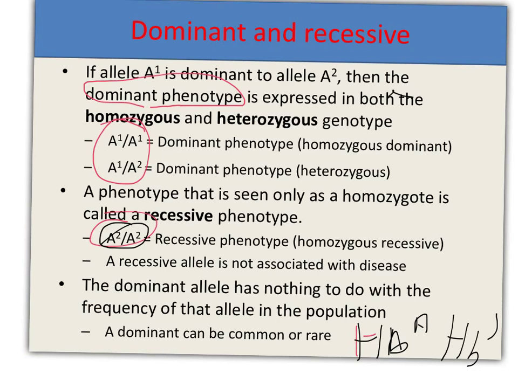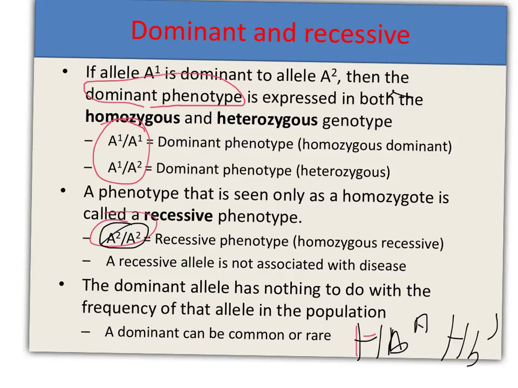The dominant allele has nothing to do with the frequency of an allele in the population. In other words, because something is dominant doesn't make it more common or more rare. As we'll see, there are certain genetic diseases that are very rare that are dominant. You have one copy and you get the disease, and they're very rare.